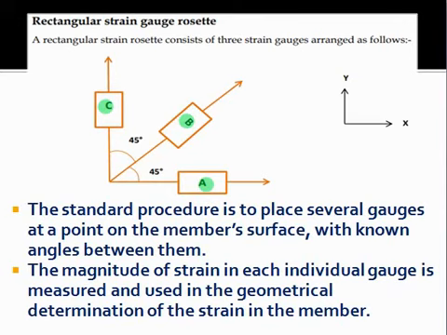Now, the standard procedure is to place several gauges at a point on the member surface with known angles between them. And in the very first category, the rectangular strain gauge rosette, the angle is 45 degrees. The magnitude of strain in each individual gauge is measured and used in the geometrical determination of the strain in the member.